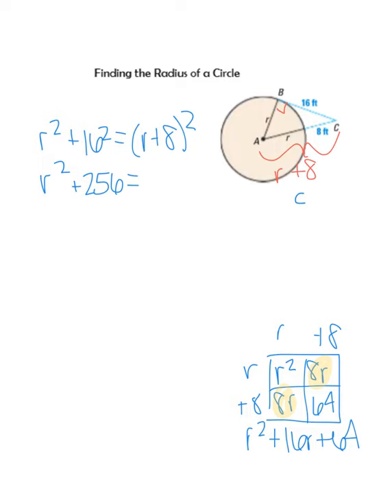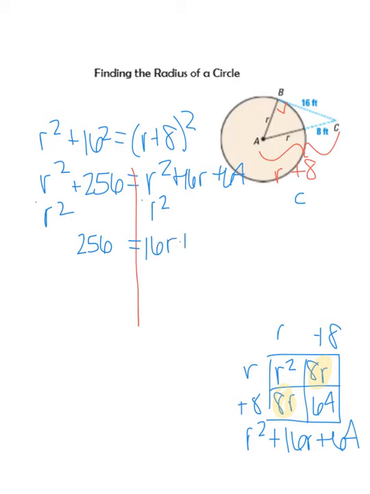So I have R squared plus 256 equals R squared plus 16R plus 64. Okay, what I have to do next is something that I'm really used to doing. I'm just going to solve. So I'm going to start by subtracting R squared from both sides, and it actually cancels. So I have 256 is equal to 16R plus 64. I'm just going to cross out those R squared so that you can see that they cancel.